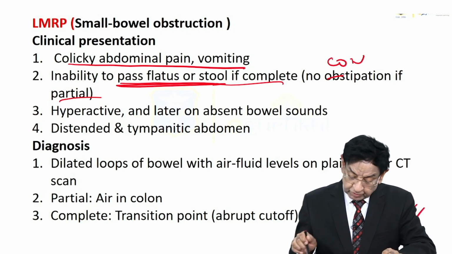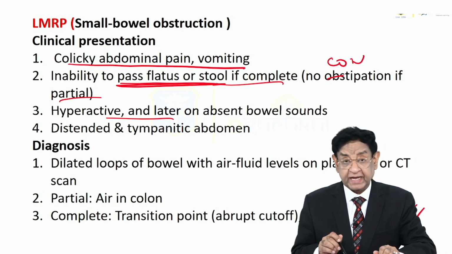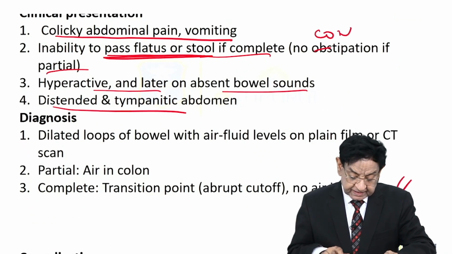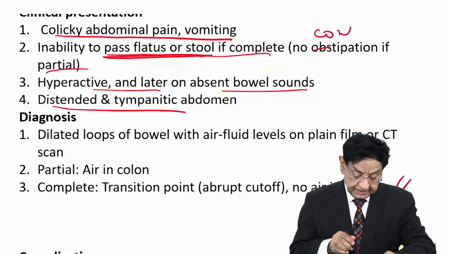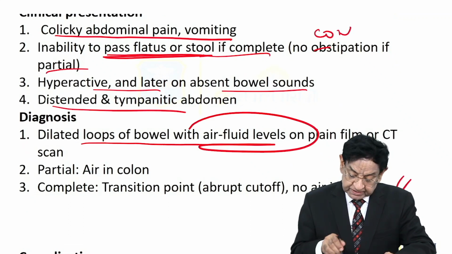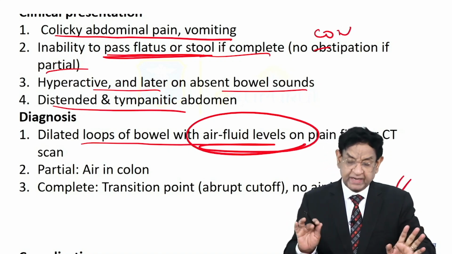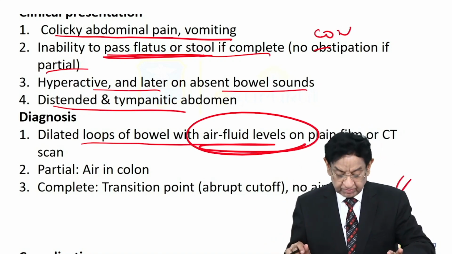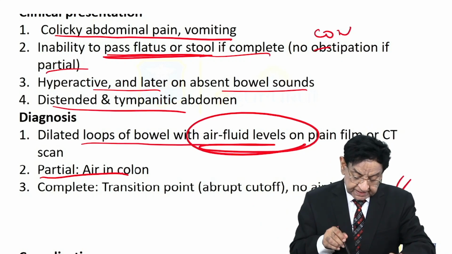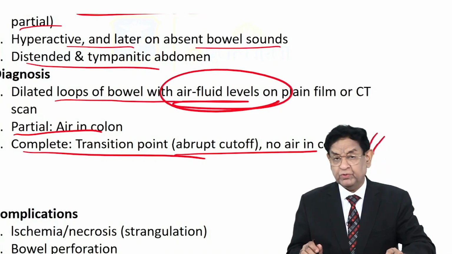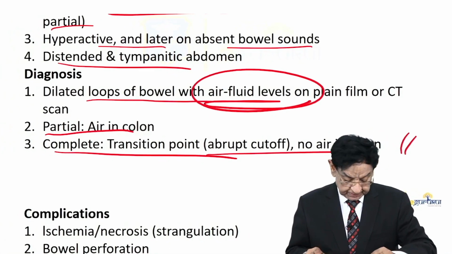And moreover, you are getting initial hyperactive bowel movement, later on absent bowel movement, distended and tympanic abdomen, dilated loops of bowel with air fluid levels. This is virtually diagnostic. Again, golden line: air fluid levels mean you are dealing with small bowel obstruction. Partial obstruction has air in the colon, but complete has a transition point, abrupt cut off. There is no air in the colon.